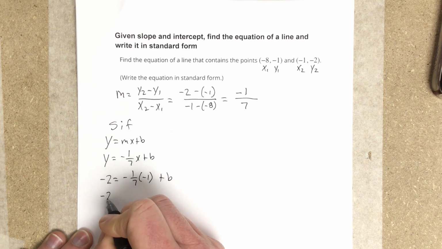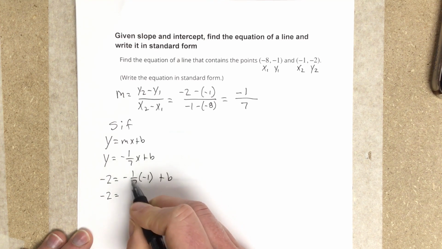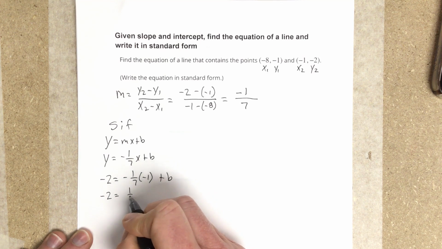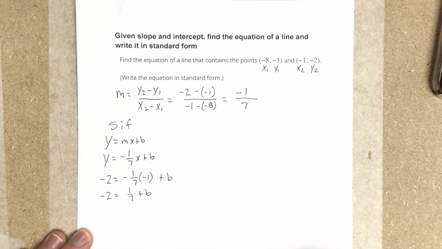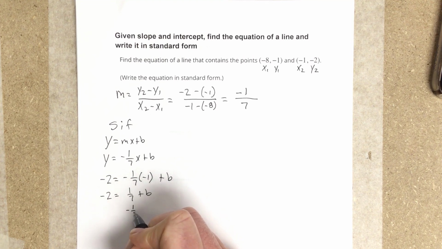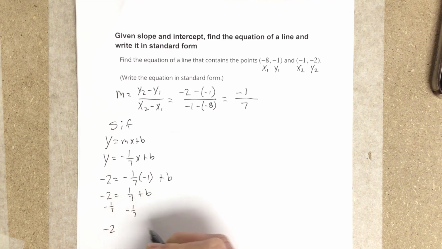So we have negative 2 is equal to, multiply these together, you get 1/7 plus b. Subtract 1/7 on each side. You get negative 2 minus 1/7 equals b.